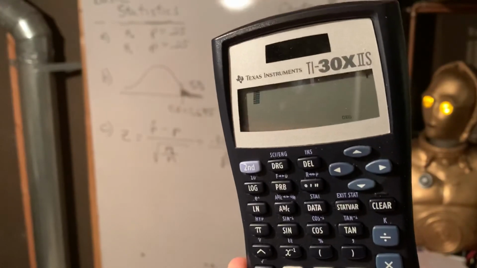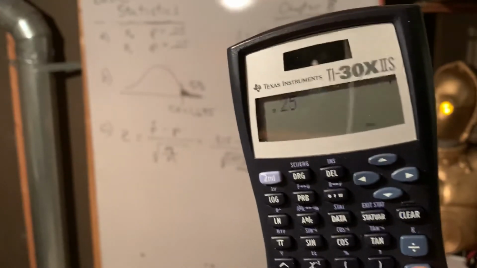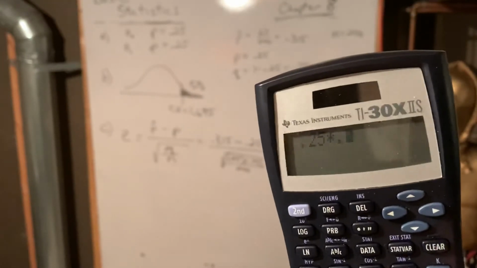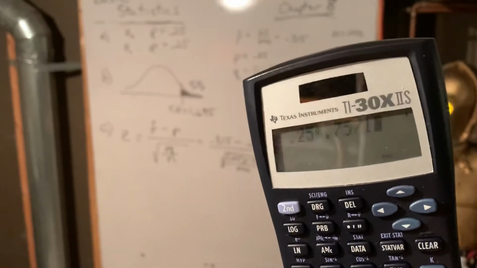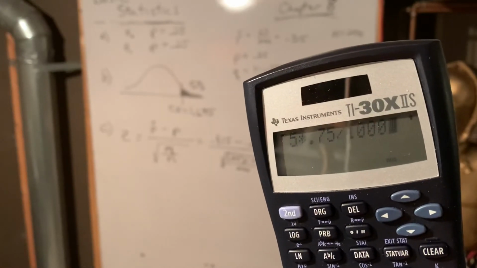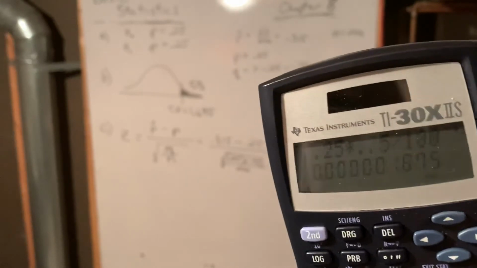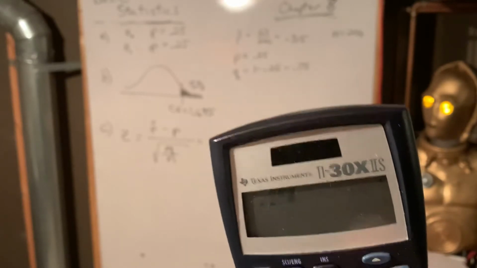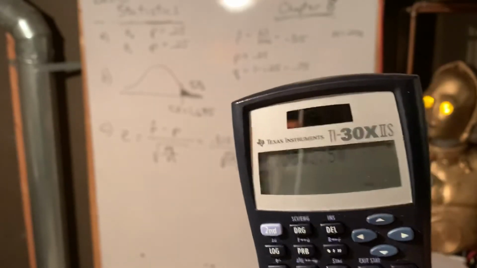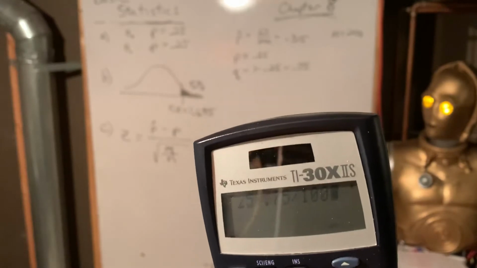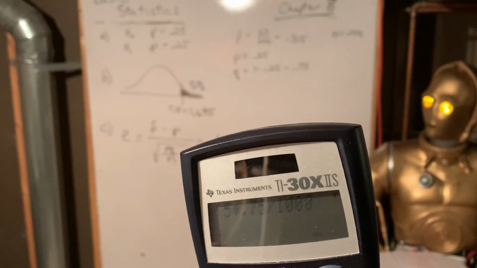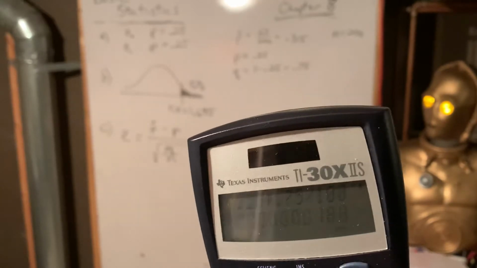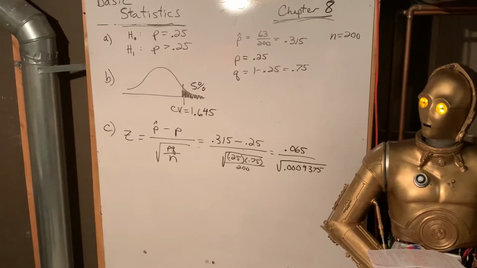Sometimes your calculator will kick it out in scientific notation, and that throws people off. Let's go divided by 1 million, then by 100 million.